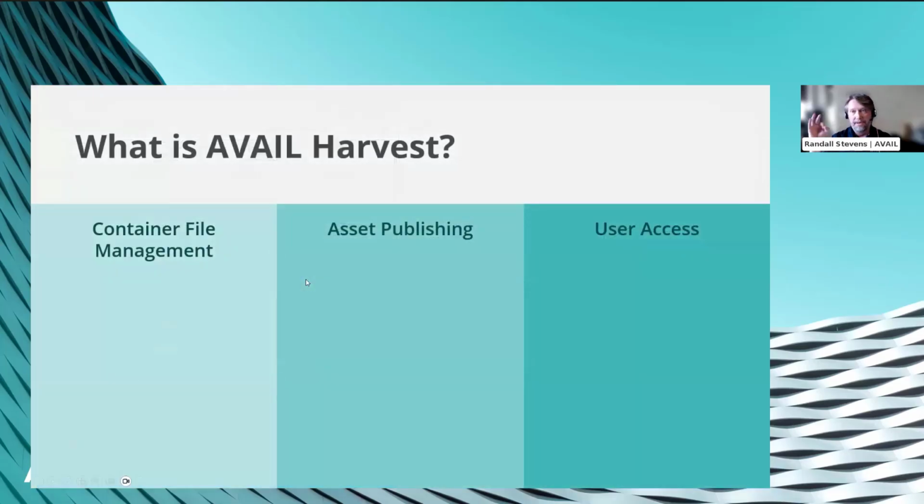Before I do the demo, let me just give a high level of what we mean when we talk about harvest. What we have called harvest for Revit, now we have harvest for AutoCAD and Civil 3D. The idea is that a lot of times the information you're ultimately trying to get out to people is managed in a single project file.